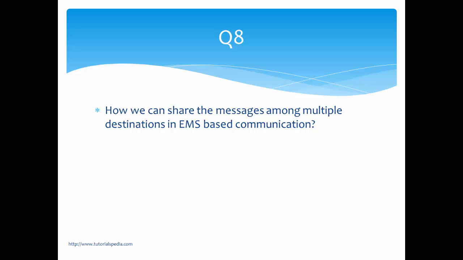You cannot say that the client will have to send it to the multiple destinations itself, because the client is, let's suppose, someone external to your organization or external to your team, and they are not going to bother about how it's going to be reflected in multiple destinations, because that is something internal to your TIBCO solutions. So in that type of situation, how can you deal with this? The answer is that in EMS we have the bridging option available.